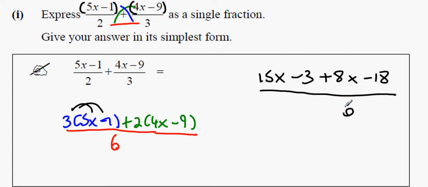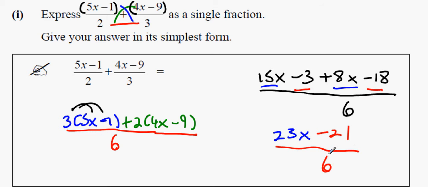Now what happens next is we add the 15x to the 8x, and we get 23x. So the blue numbers are 23x. And then the red line, minus 3 minus 18 is minus 21. And that's all over 6. You'll just use a black line for that.